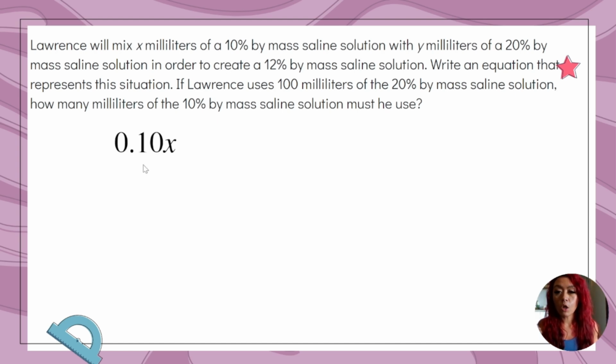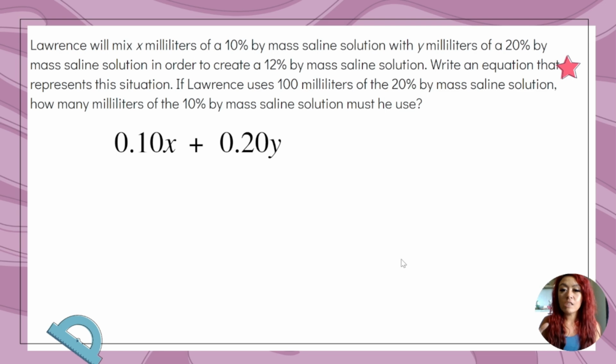So we're going to start with 0.10x, right, which represents x milliliters of the 10% by mass saline solution, plus 0.20y, which is going to represent y milliliters of the 20% by mass saline solution.